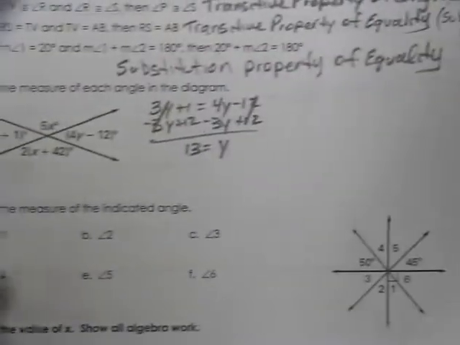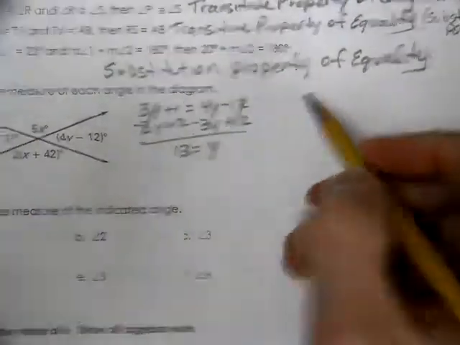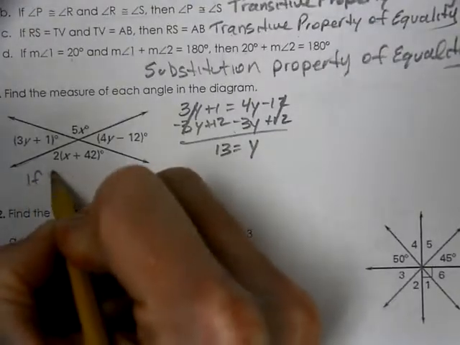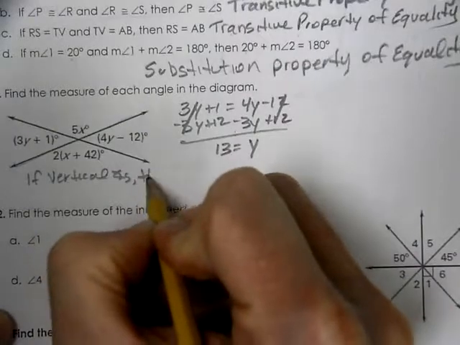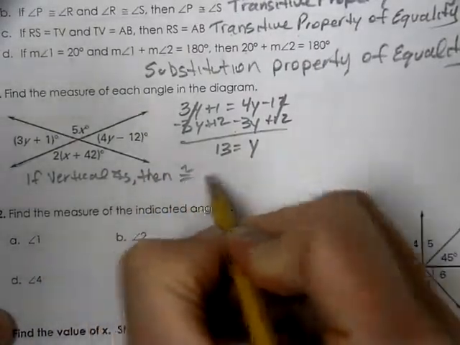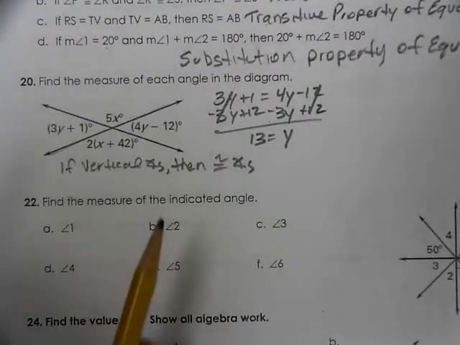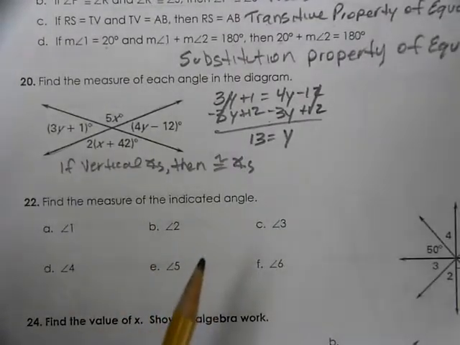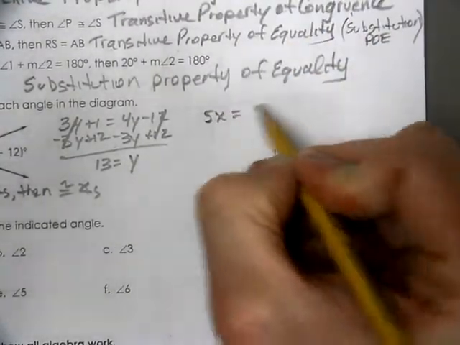And in this situation, the x's are also vertical angles. If vertical angles, then congruent angles. If two angles are vertical, then the two angles are congruent. And if congruent, then equals. So we can set them equal to each other.